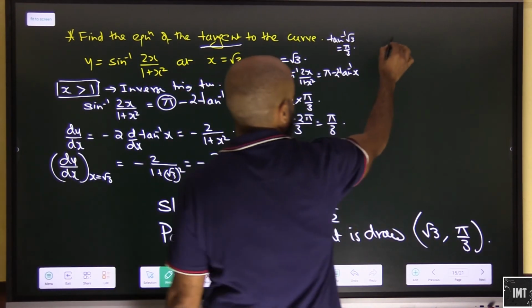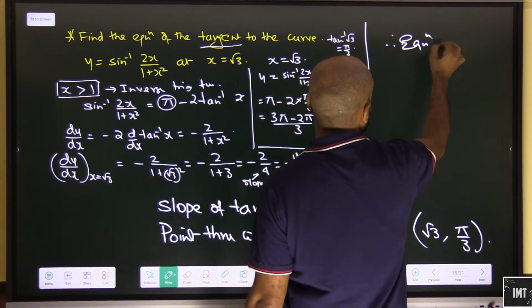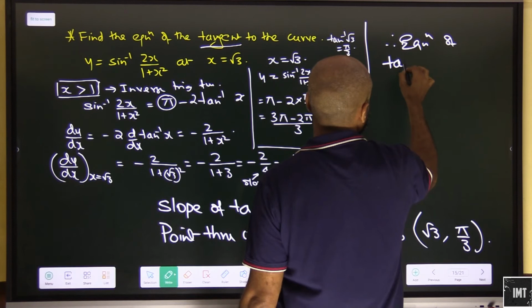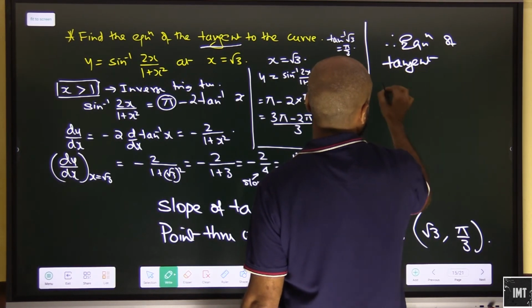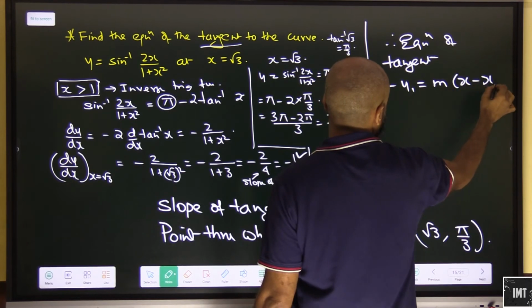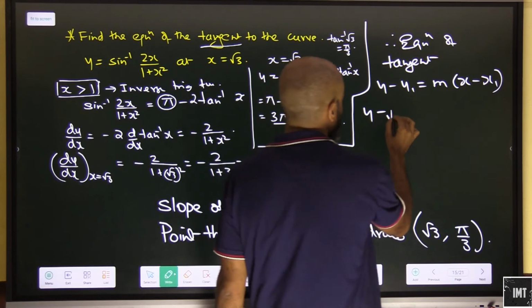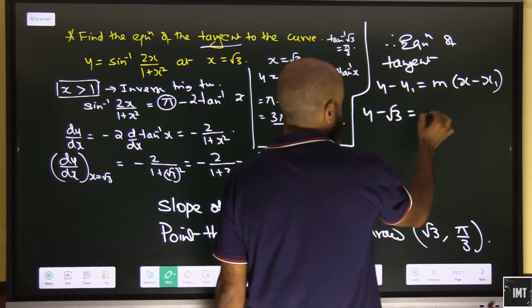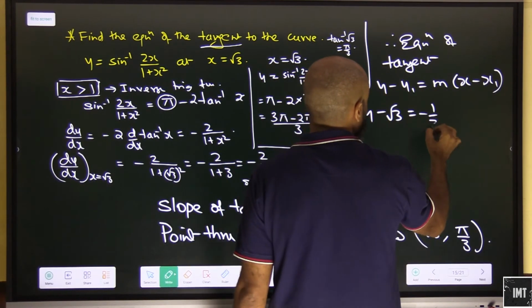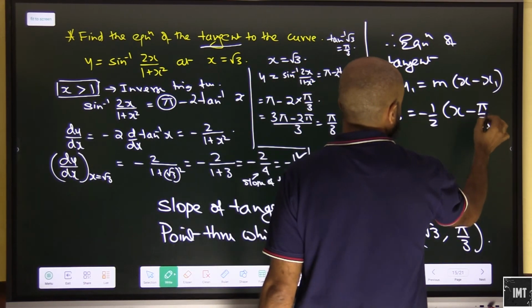Therefore the equation of tangent can be given by slope point form, that is y minus y1 is equal to m into x minus x1. Here y1 is pi by 3, m is equal to minus half, and x1 is under root 3.